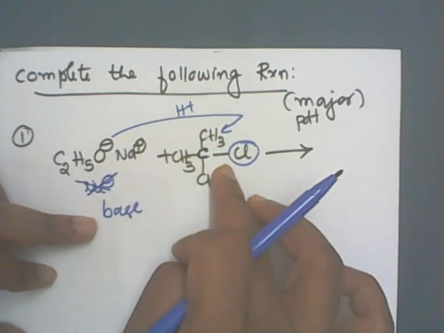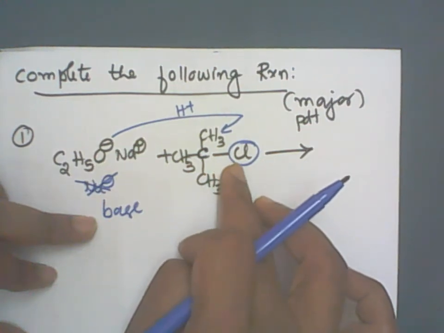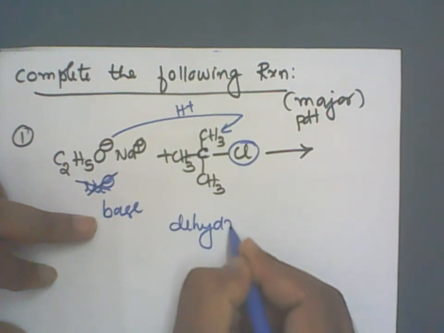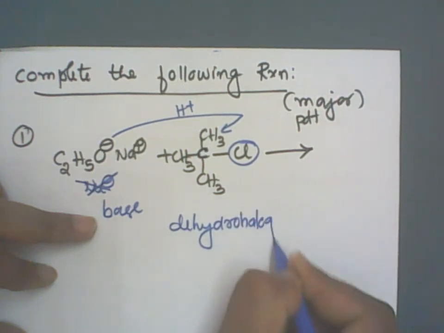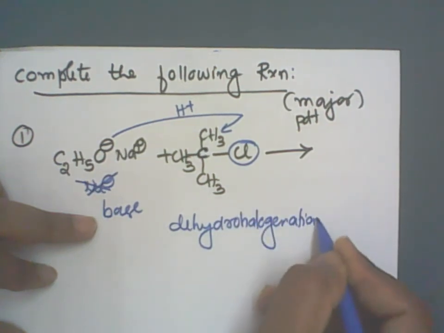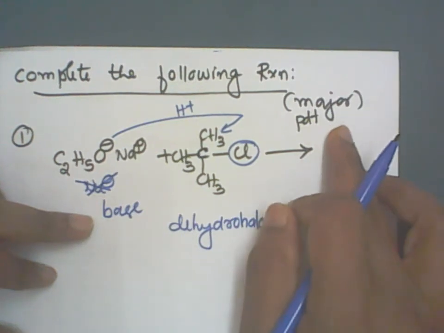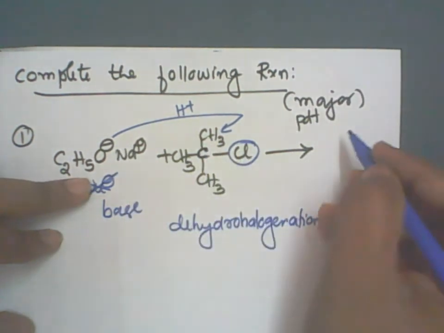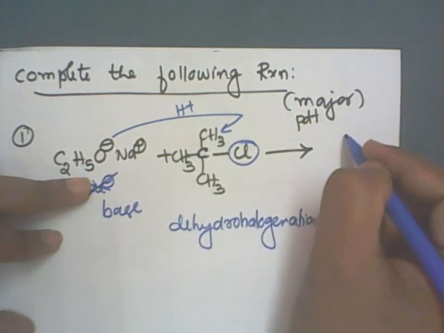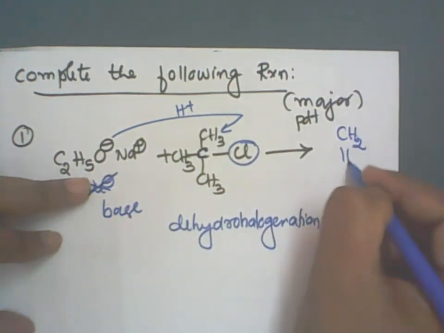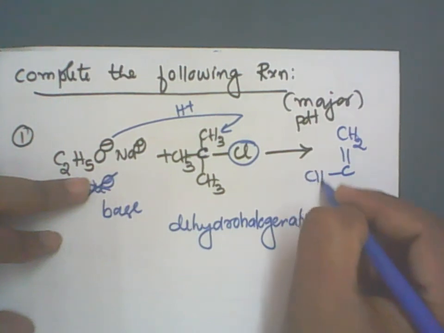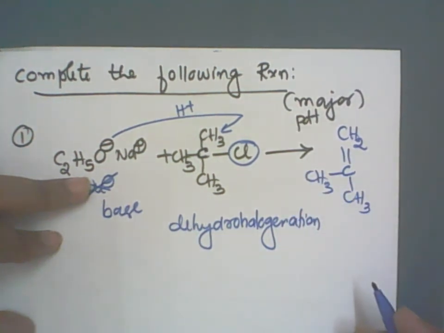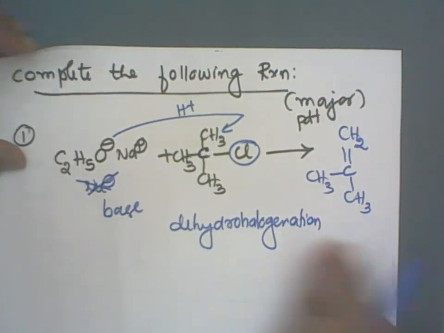Nucleophilic substitution reaction is not easy. Therefore, it undergoes dehydrohalogenation reaction. We'll write only the major product. Remove this hydrogen, the acidic hydrogen, and it becomes CH2, then double bond C, then CH3, then CH3. Side products we will not write down.